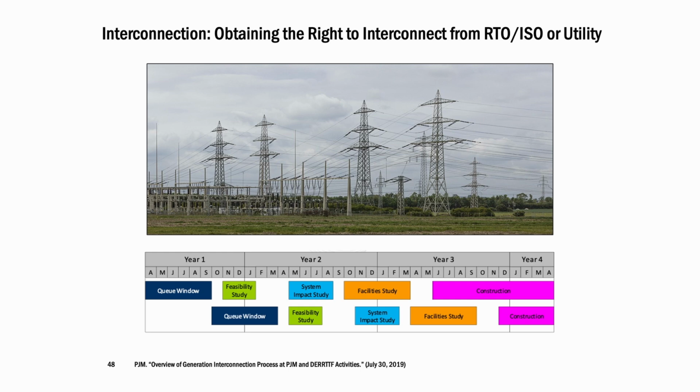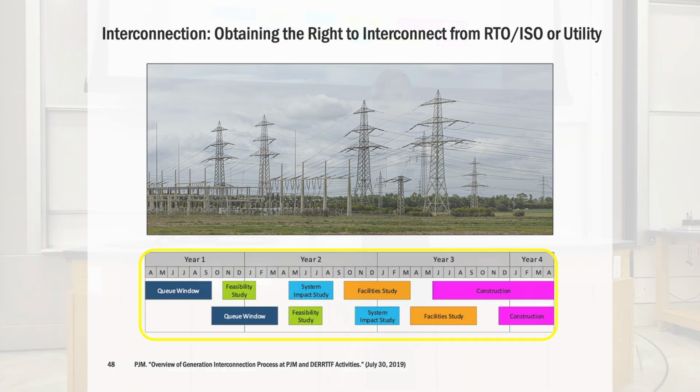So the interconnection queue process for utility scale projects can take quite a bit of time, at least a year and a half, sometimes more, as you can see in this interconnection queue timeline from PJM, which is one of the Eastern RTOs.